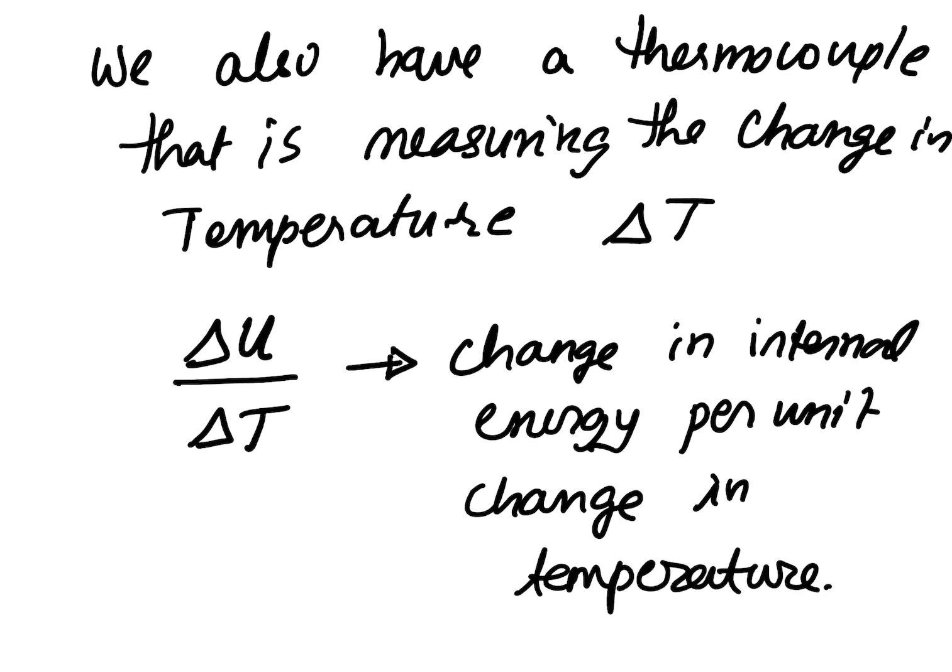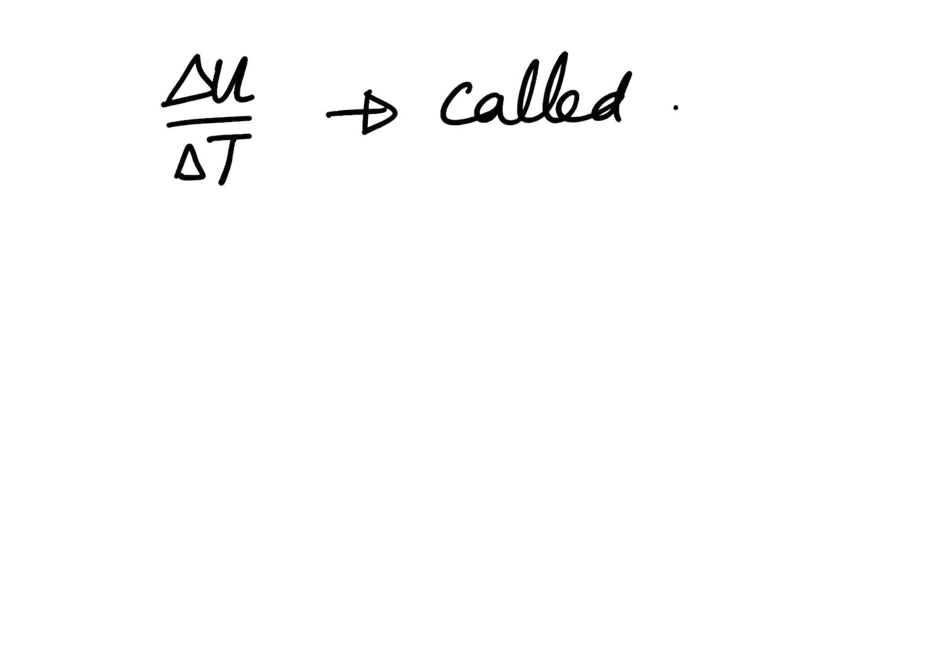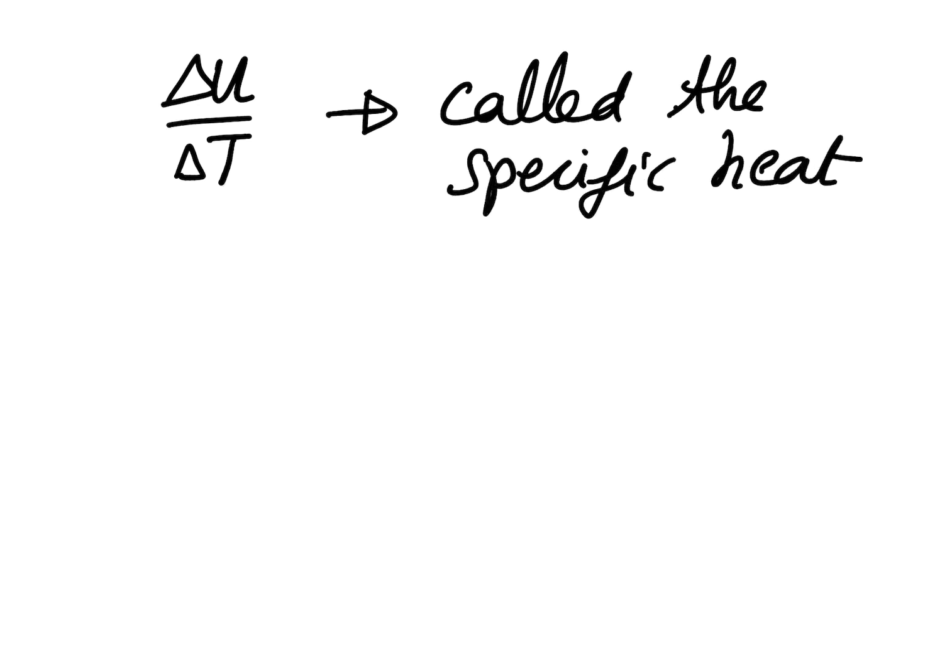Remember this quantity, delta U divided by delta T. This quantity is called the specific heat. The specific heat is simply defined as the change in internal energy per change in temperature.